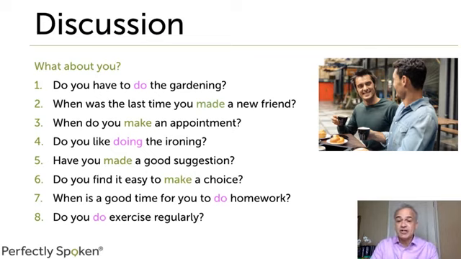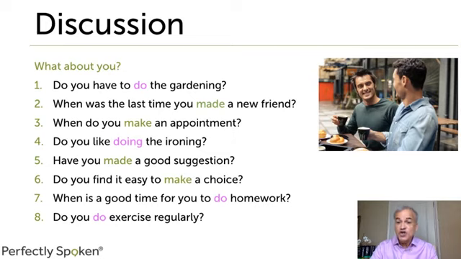Do you find it easy to make a choice? Yes, normally. If it's A or B, yes. If it's more complicated, sometimes it's more difficult to make a choice. When is a good time for you to do homework? I don't do homework. I'm too old. But a good time, I think, normally is first thing in the morning to do homework, or when you are quiet and relaxed, maybe at the weekend.